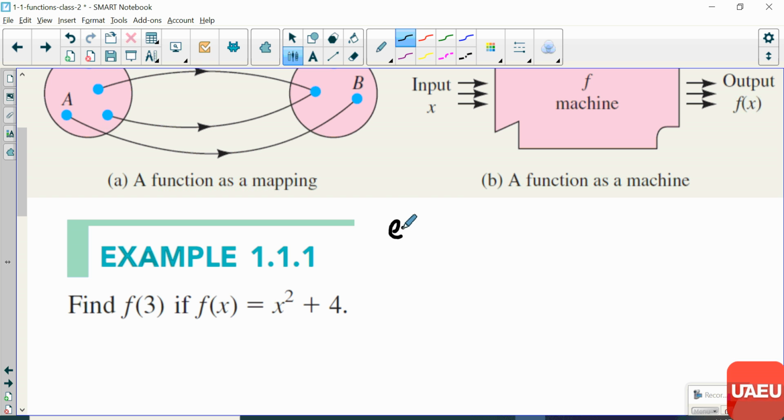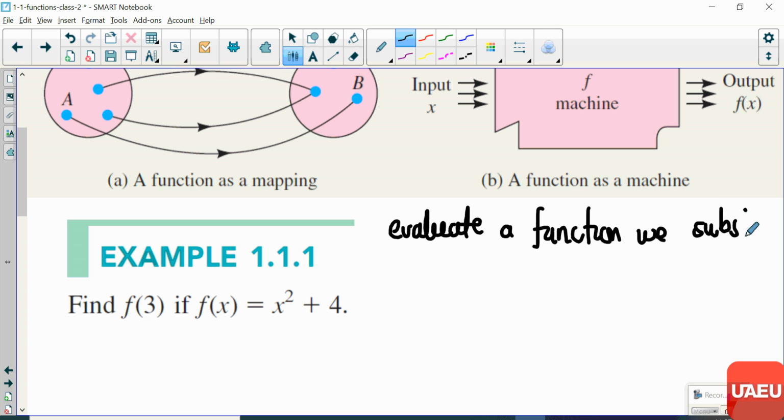So to evaluate a function, we substitute or replace x with 3. Or in other words, you would say that let x be equal to 3.